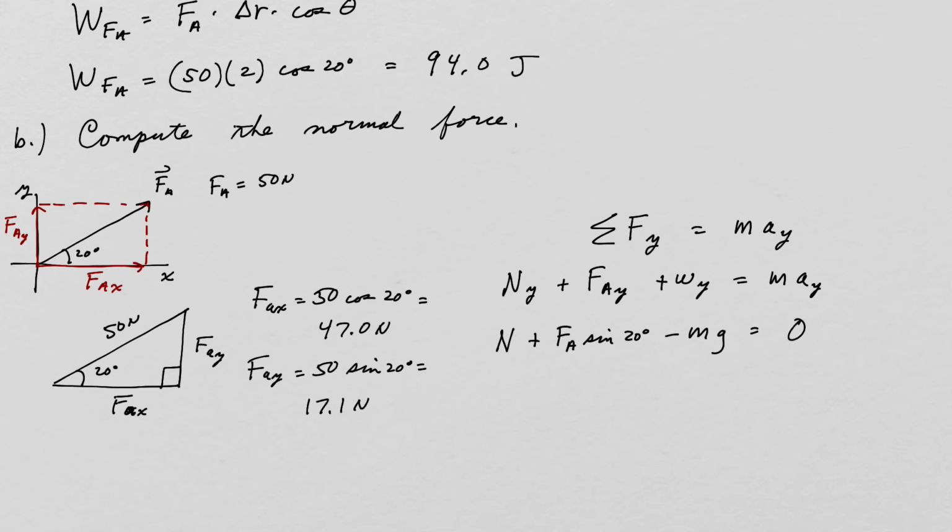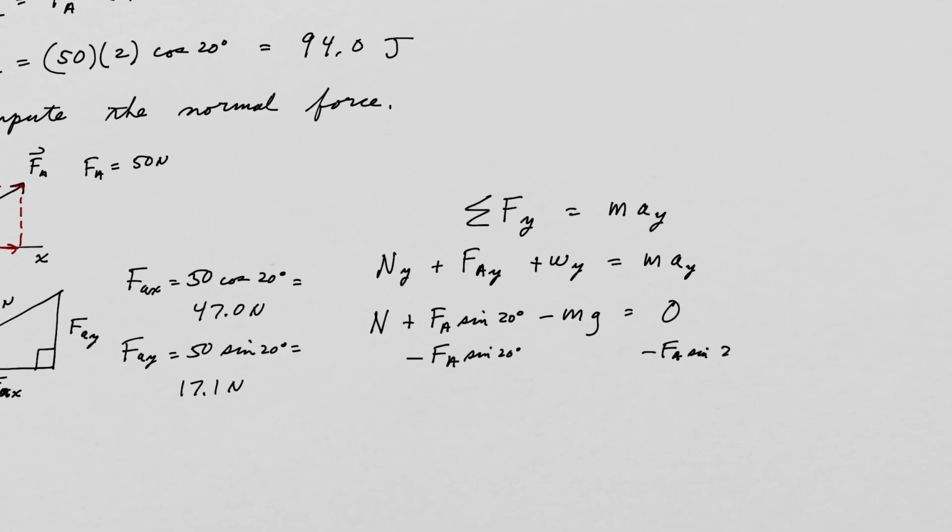direction is 0. So in this case, if I subtract the applied force term from both sides, and add mg to both sides, then the normal force is going to be mg, I'll write that first, minus the y component of the applied force.